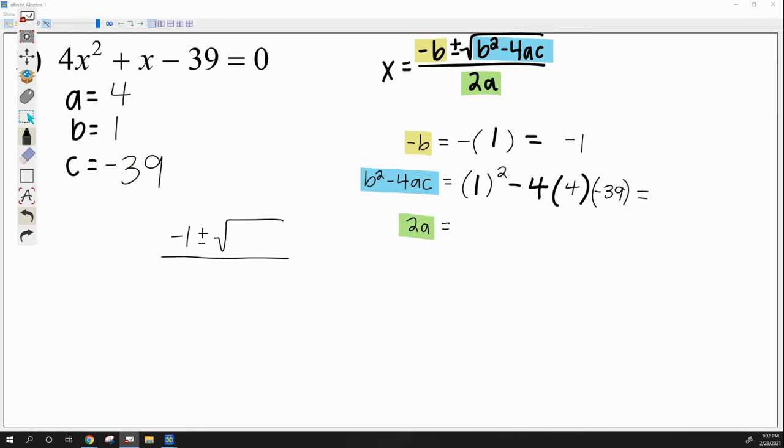What are the two numbers right there? A and C. So we filled in A and C right here. All right, type that in. What do you get? 625. That goes inside your square root.